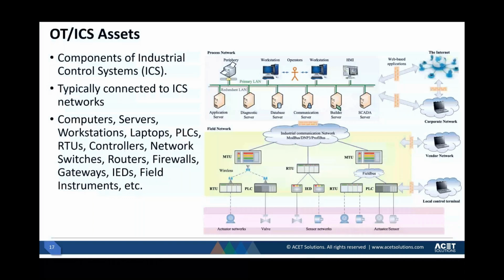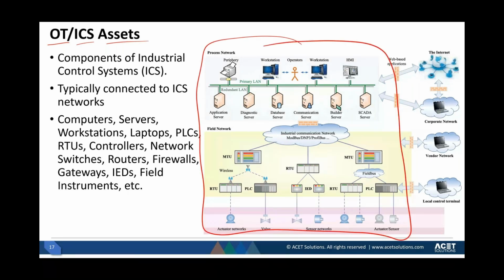Before we talk about asset discovery, let's talk about what do we mean by assets, and especially in case of our discussion, we are talking about OT or ICS assets. I'm taking this example picture from a previous slide just to highlight that all of these interconnected systems, they are the different components of industrial control system. Most of these assets are connected to some kind of a network, and these assets could be servers, workstations, even printers, PLCs, RTUs, MTUs.